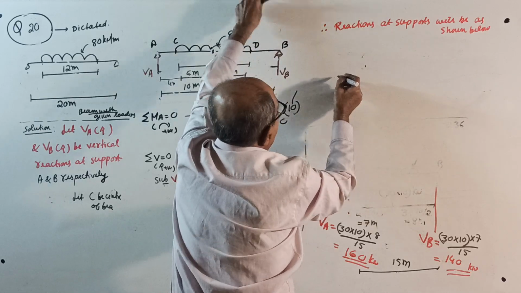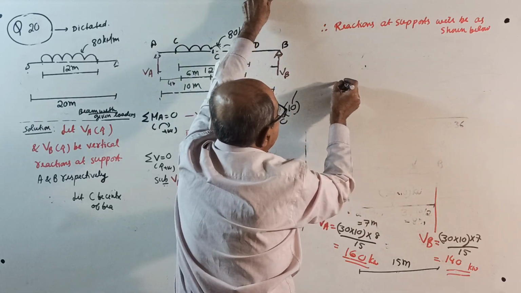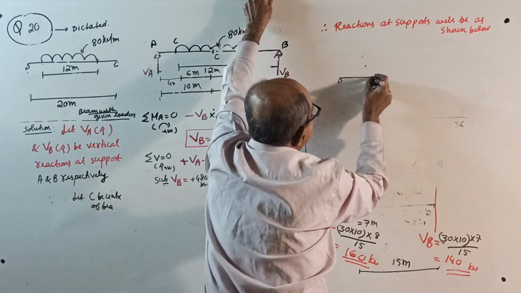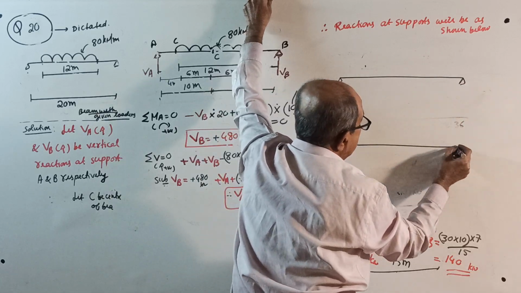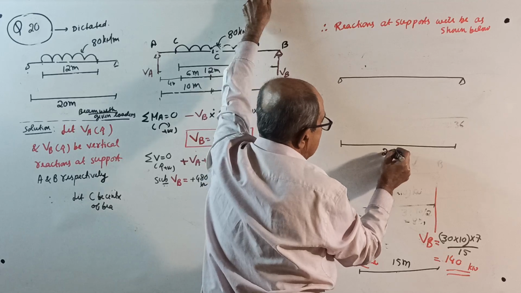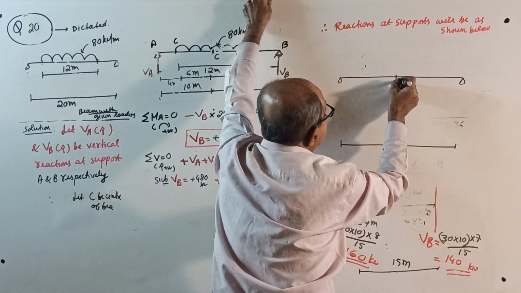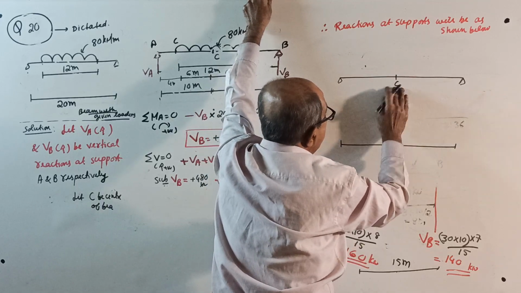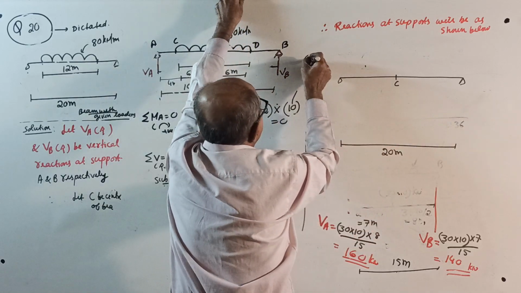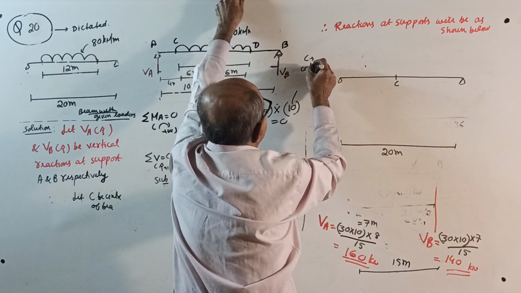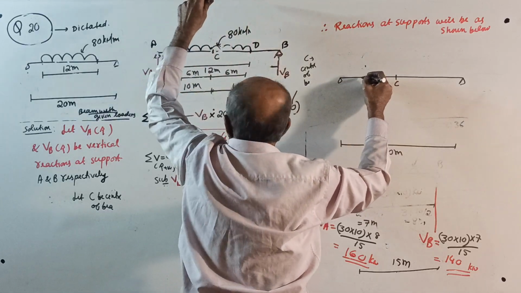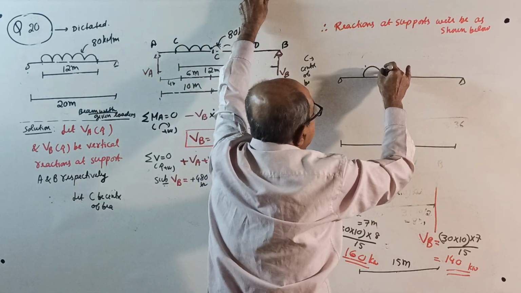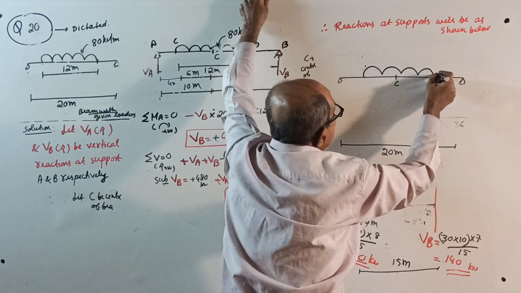Therefore, if you have a simply supported beam, see, neatly I will write. Simply supported beam, which has a span of 20 meter. Let C be the center of the beam. UDL is symmetrically placed with respect to center.